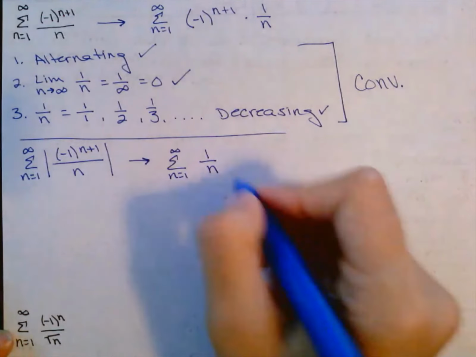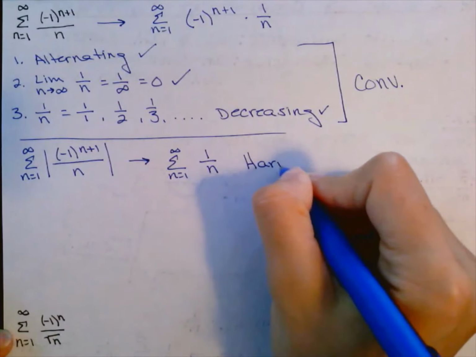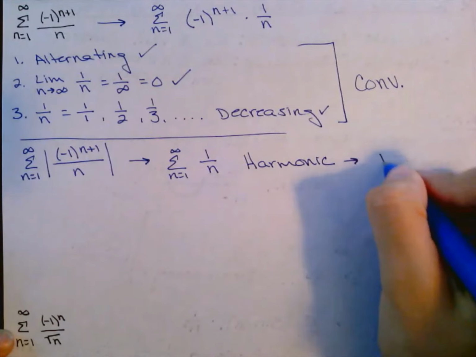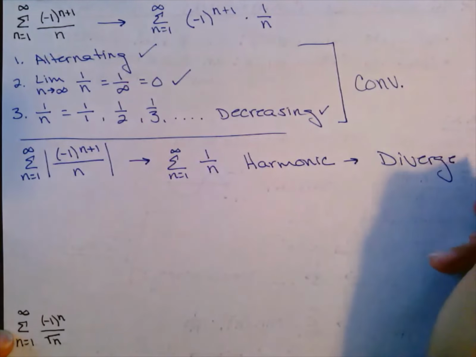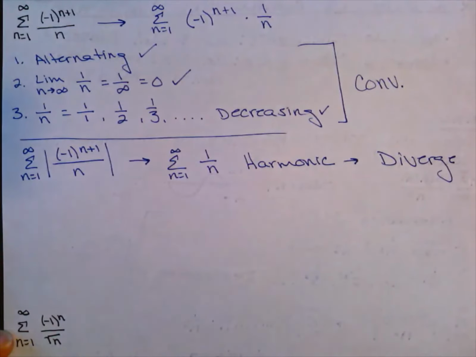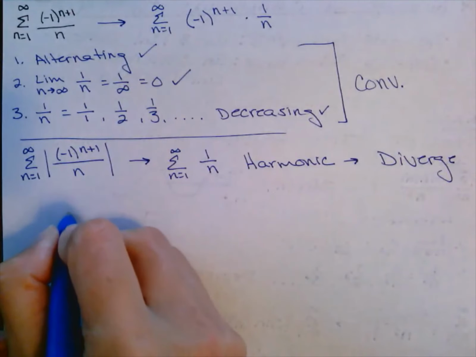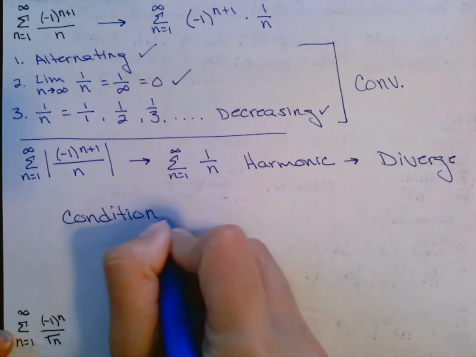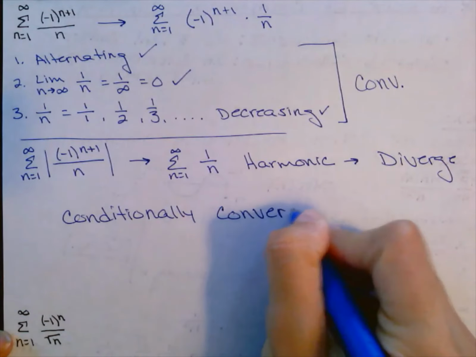Okay? 1 over n is harmonic. And we know that harmonics diverge. Okay? So because the original converged, but the absolute value diverged, we can say that this is conditionally convergent.